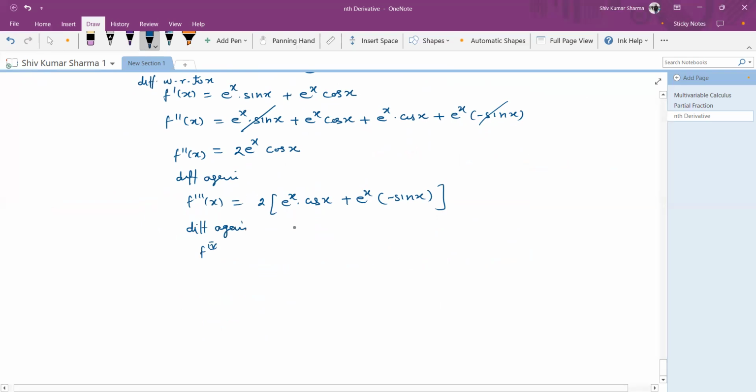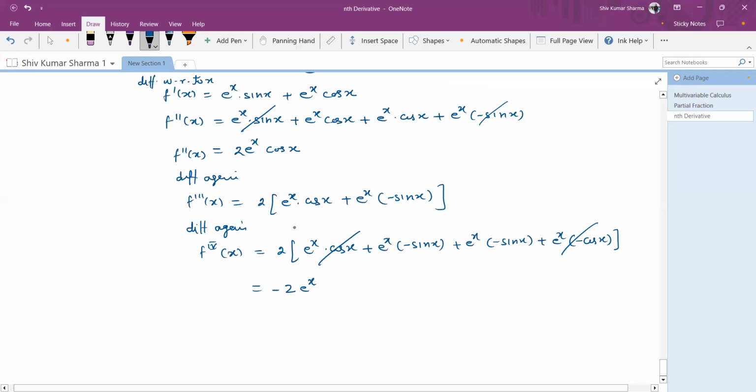So the fourth derivative is twice of e raised to the power x into cos x plus e raised to the power x into minus sin x, plus e raised to the power x into minus sin x plus e raised to the power x into cos x, as the differentiation of sin x is cos x. So the e raised to the power x into cos x terms cancel, and this gives us minus 2 e raised to the power x into sin x. So this is our fourth derivative.